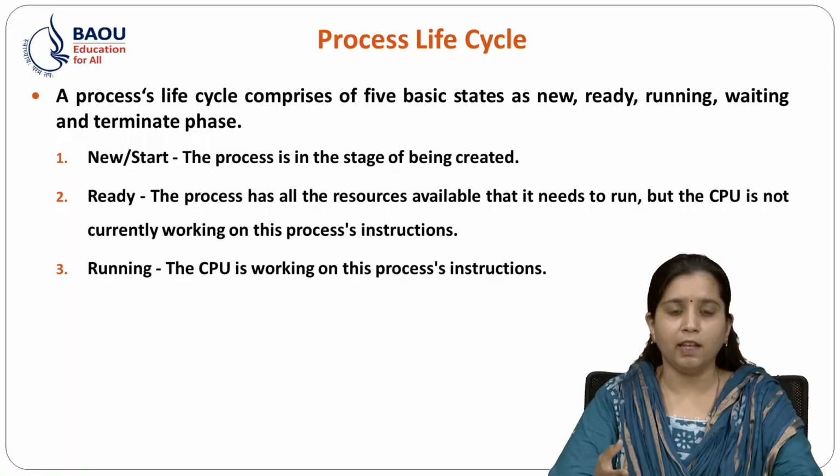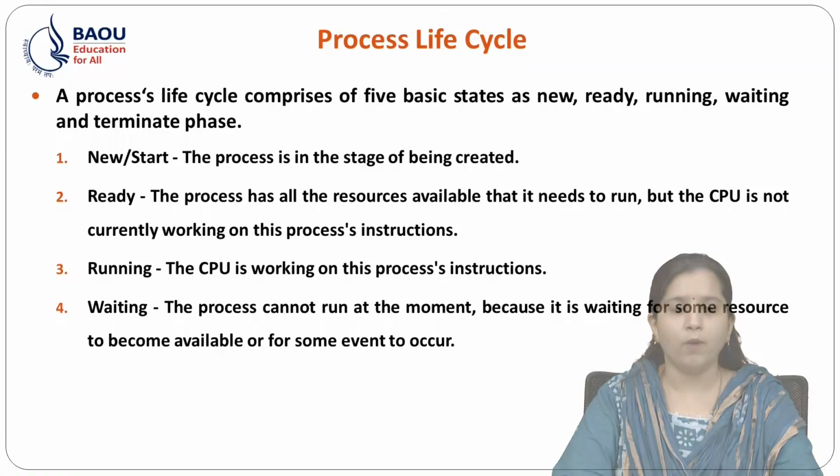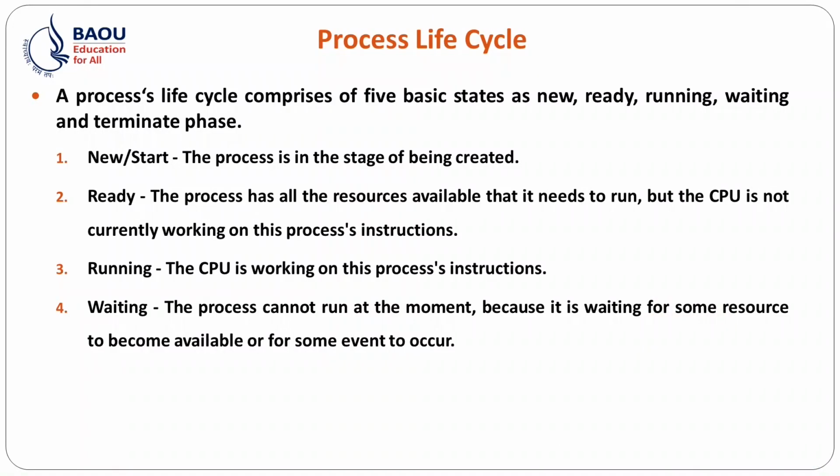Running state indicates the CPU is working on this process's instructions. Waiting. The process cannot run at the moment because it is waiting for some resources to become available or some other events to occur. Terminated. The process has been completed.